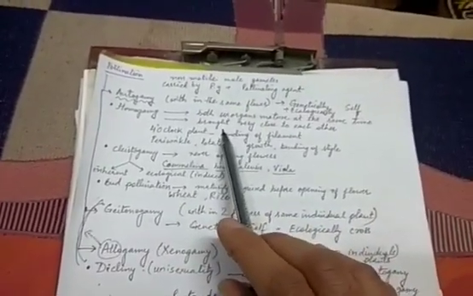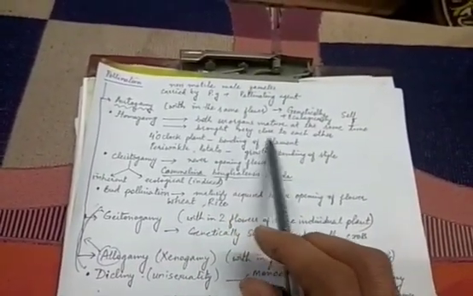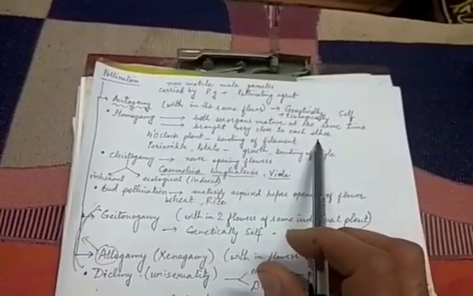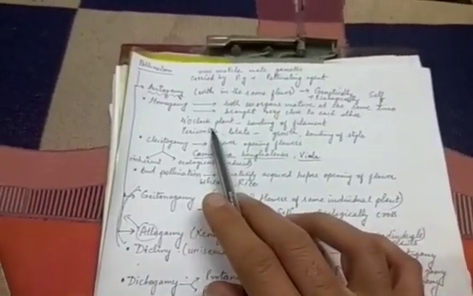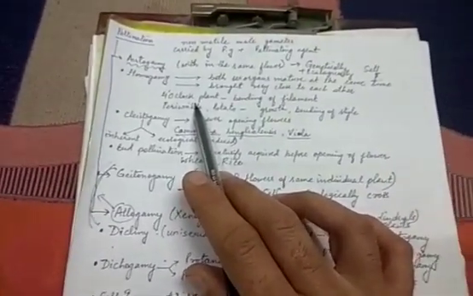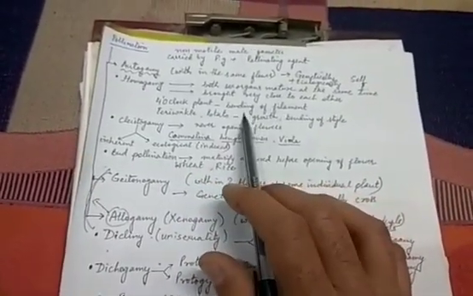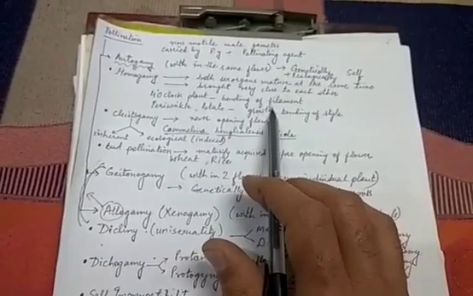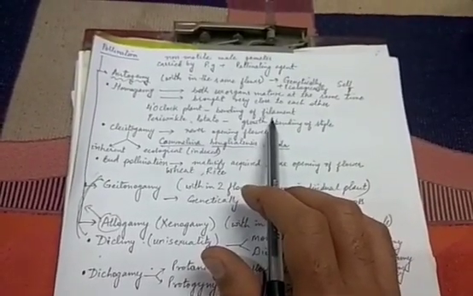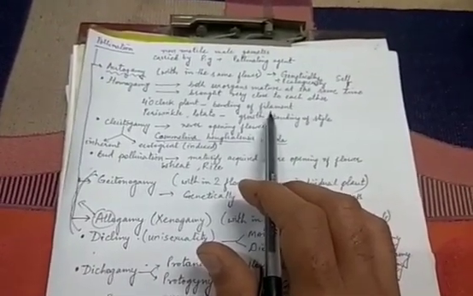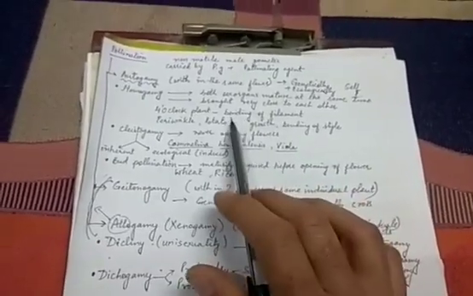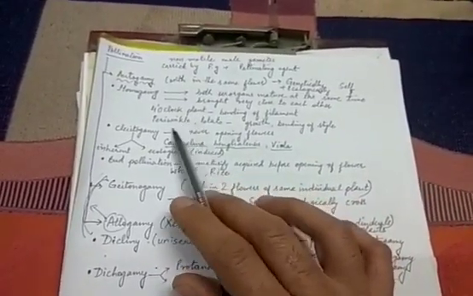Or the second possibility is bringing both the sex organs close to each other. So there is a plant called 4 o'clock plant, scientific name Mirabilis. In this plant, the filament bends, and as the filament bends, it comes closer to the stigma. So it brings the anther closer to the stigma so that autogamy can be ensured.